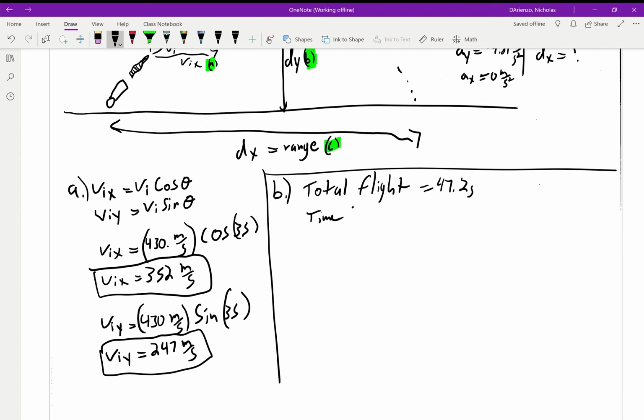The time to the peak is halfway through our motion, so it's going to be 1/2 of our total time, which is going to be 1/2 of 47.2 seconds, which will give us a time of 23.6 seconds.